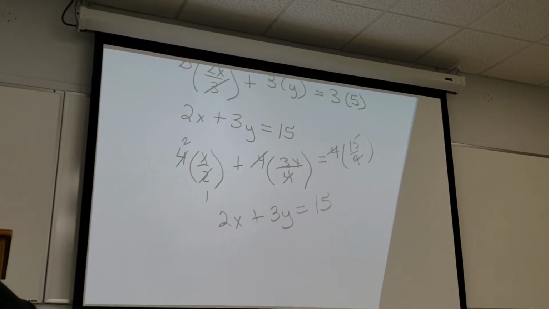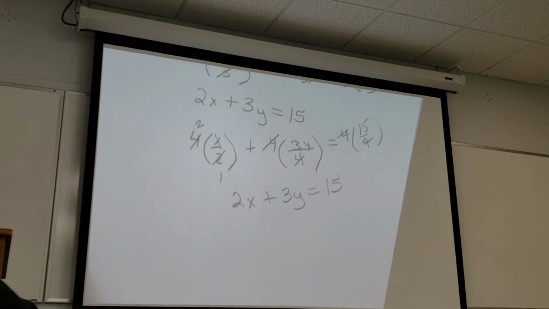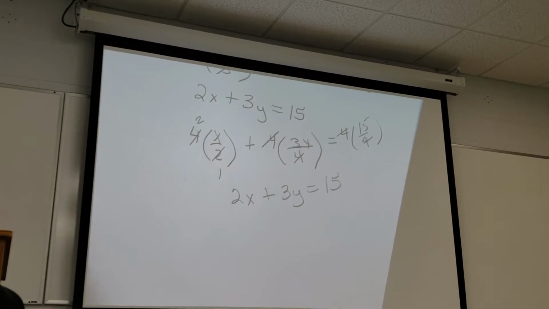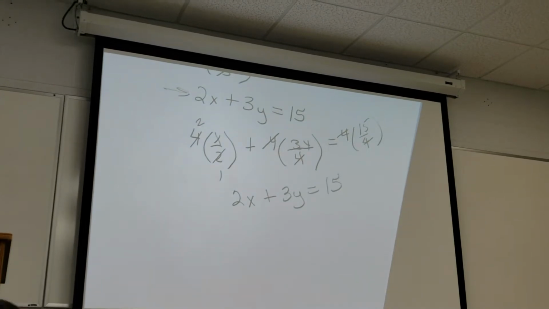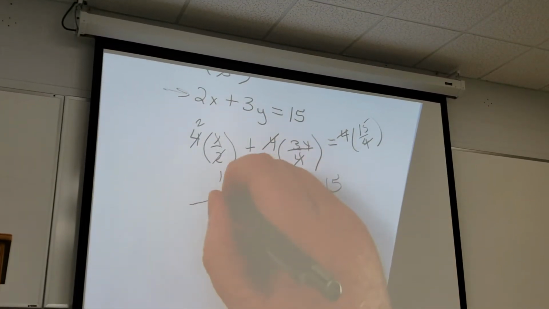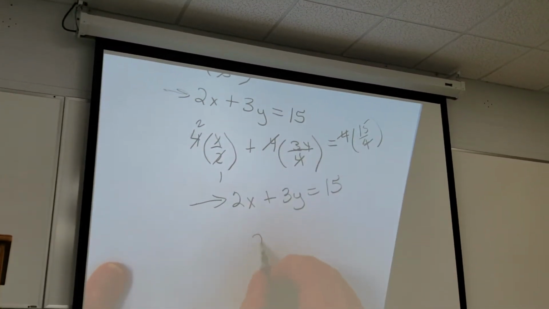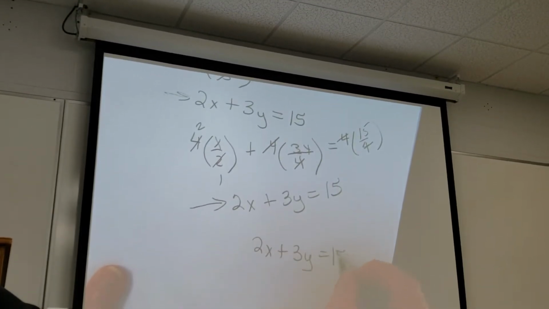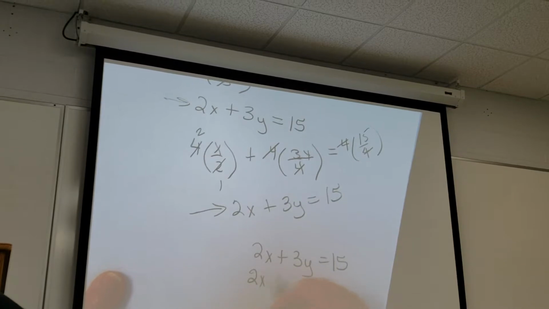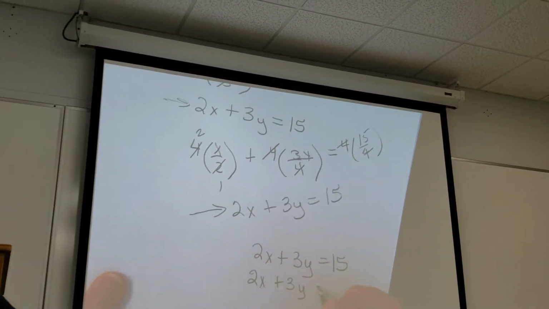So, there's my first equation. Here's my second equation. So I have now 2x plus 3y equals 15, and 2x plus 3y is equal to 15.